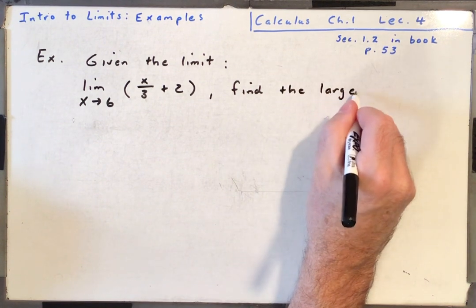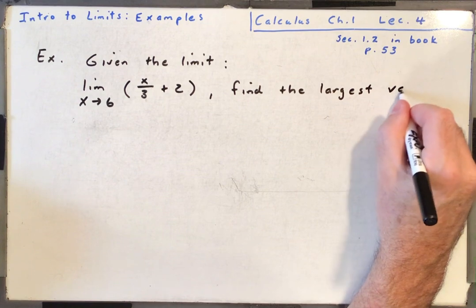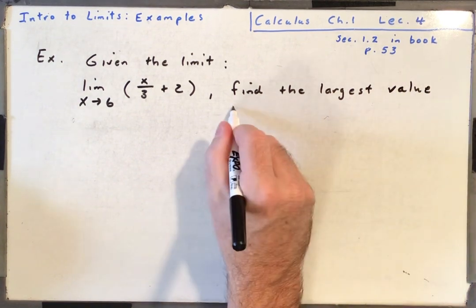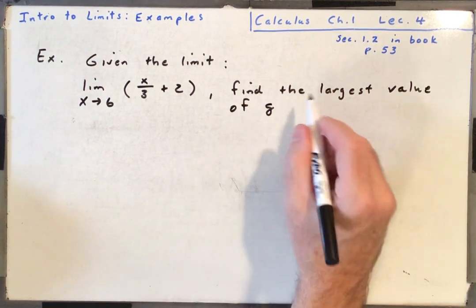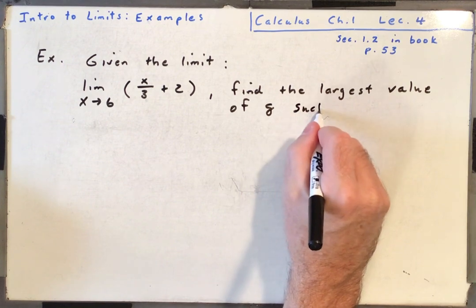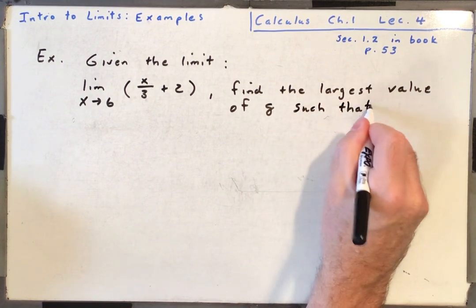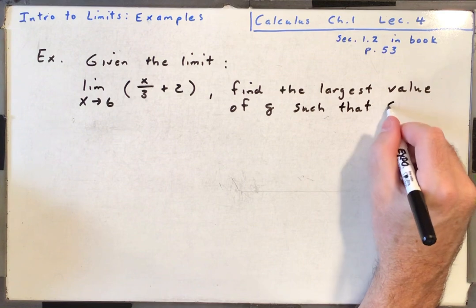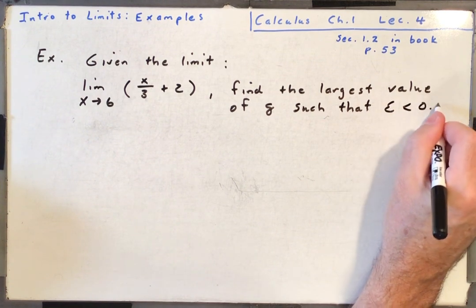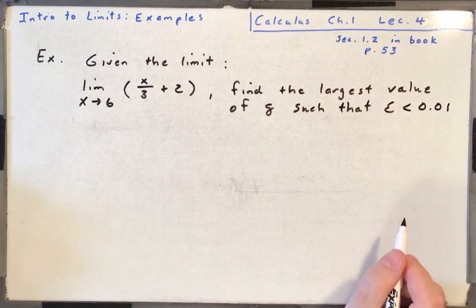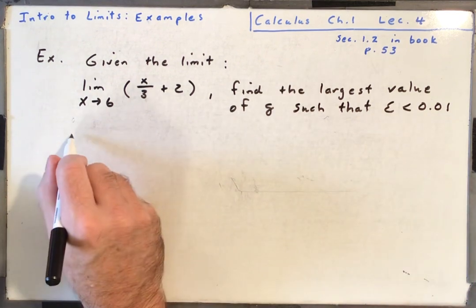Remember, delta goes with x. Such that epsilon is less than 0.01. Okay, we're going to use the same format.